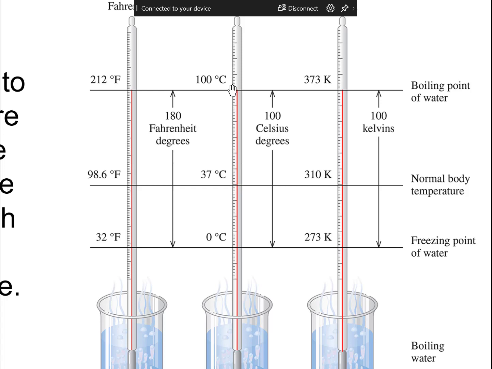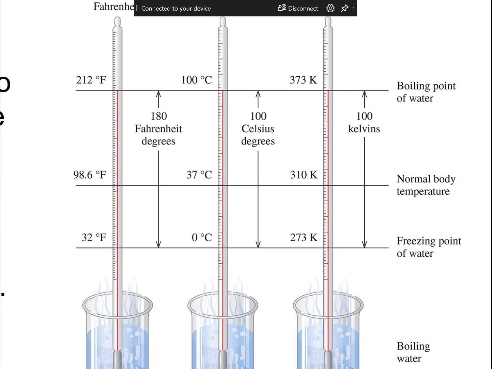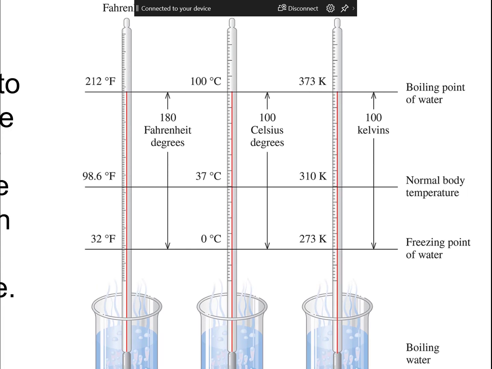And so they came up with a third measurement scale. It's called Kelvin. You can see it right here. Kelvin has the exact same degree scale as Celsius. So 1 degree Celsius is like 1 degree Kelvin. They change the exact same scale.